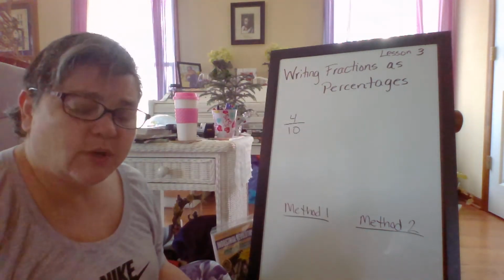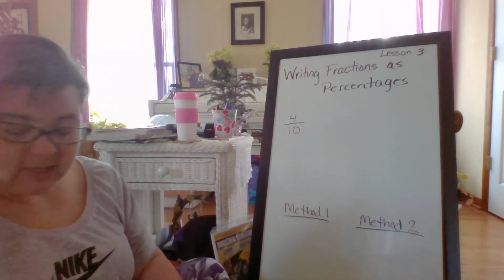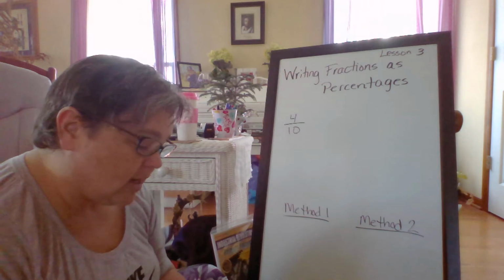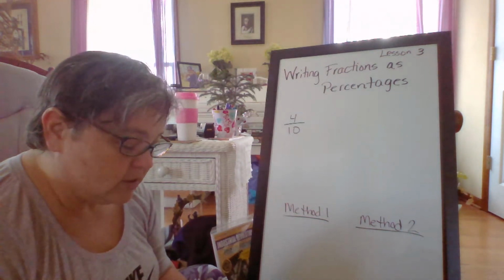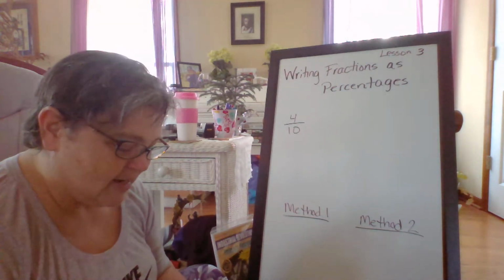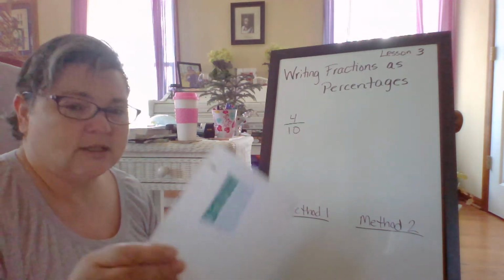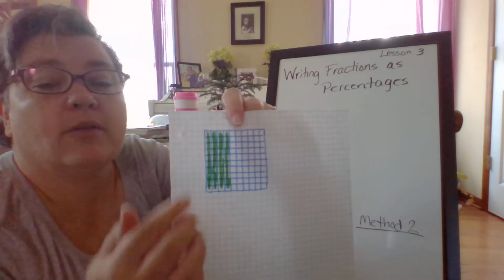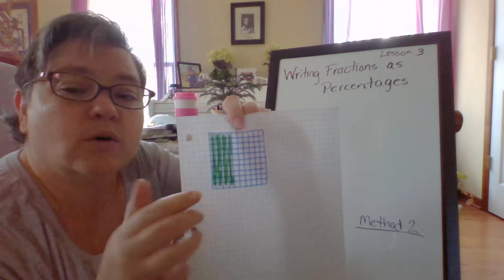And what I want to do with that is I want to make that 10 into 100. So I'm simply going to do that. And we are not going to do this for every problem. We're actually not going to do this for any problem. But I want you to see, so in your mind, you can understand. Now, what have I done? I have made those tens into 100 by drawing horizontal lines.